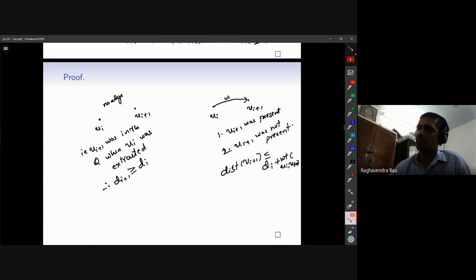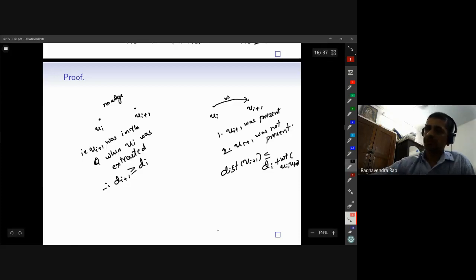Distance of ui plus 1 will be, in fact, equal to di plus weight of ui plus 1. Sorry, not less or equal, it will be equal to, if decrease key was performed.